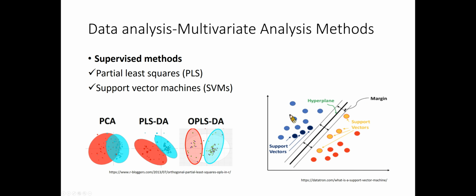In contrast to univariate methods, multivariate analysis methods take into account all the metabolomic features simultaneously, and consequently they can identify relationship patterns between them. These pattern recognition methods can be classified into two groups: supervised and unsupervised methods.